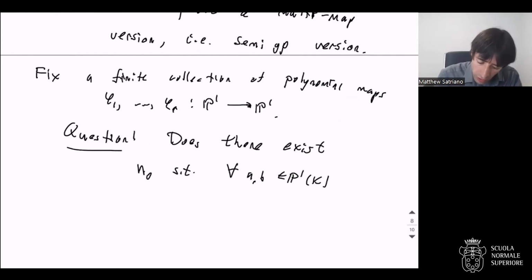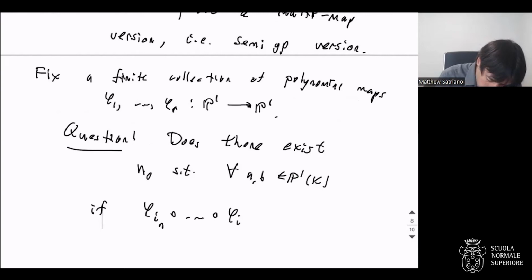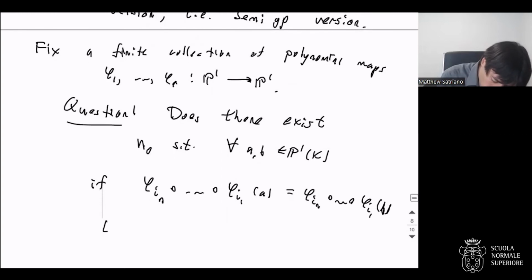So does there exist an n naught such that for all A, B in P1 of K, if phi i_n through phi i_1 of A is equal to phi i_n through phi i_1 of B, then I can just cancel out and be left with phi i_n0 through phi i_1 of A.